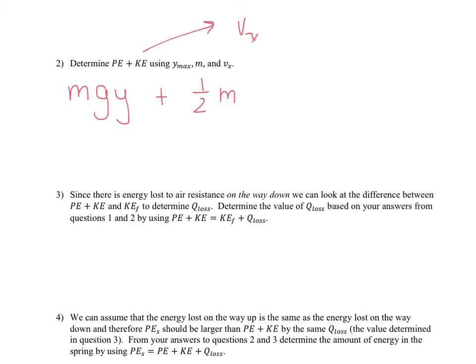So this is really 1/2 m Vx squared. All right, so again, the PE from the top, you have to use mgy max. The KE at the top, you have to use 1/2 m, and we're using Vx squared, because Vy is 0 at the top, so we don't have to use that part.